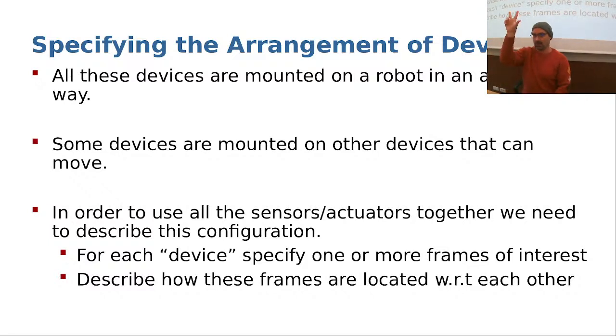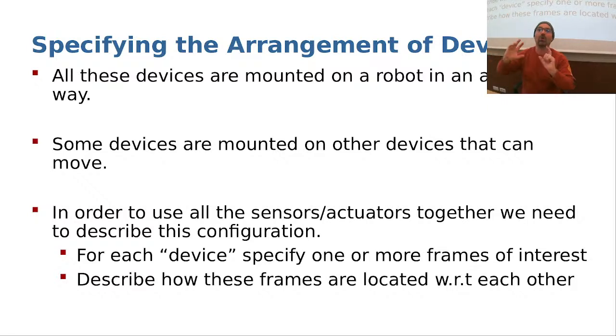So we have three reference frames: the base link frame, the PTU frame, the pan tilt unit frame, and then there will be another frame on top, which is the laser frame, mounted on the pan tilt unit.